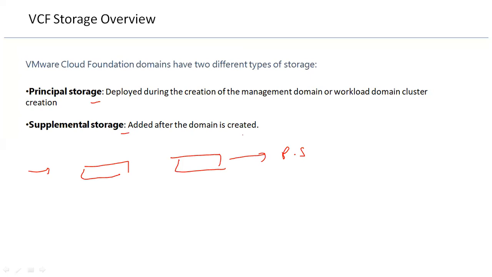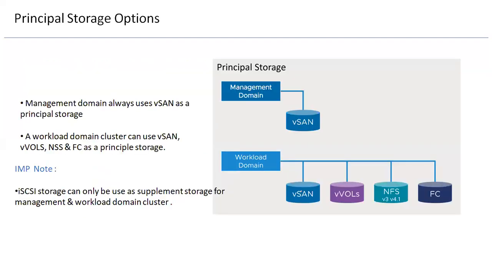For any cluster already created in the management domain or workload domain, if we want to add supplemental storage to the existing environment, as a complement to the already available storage, we refer to that as supplemental storage.